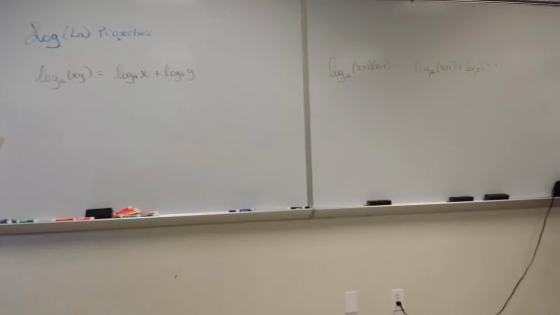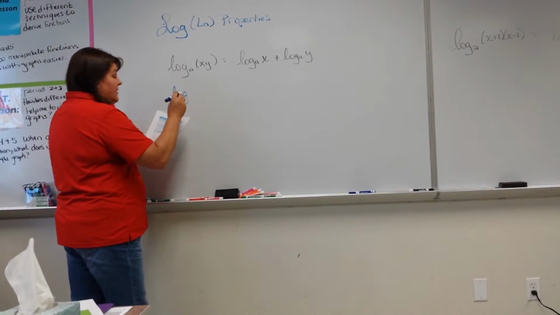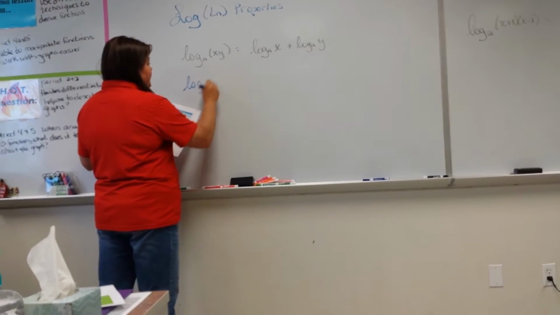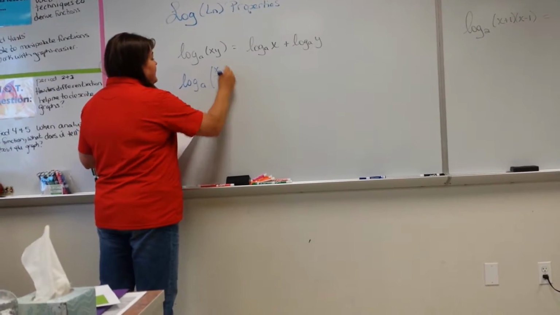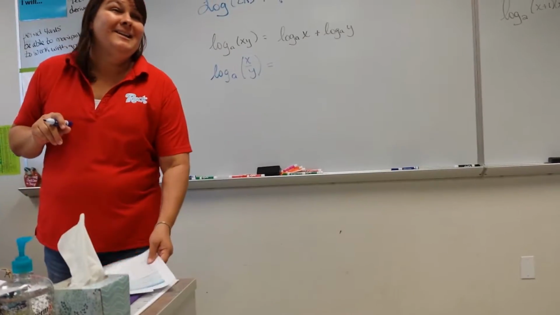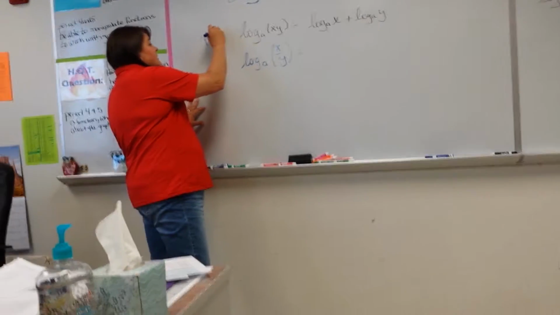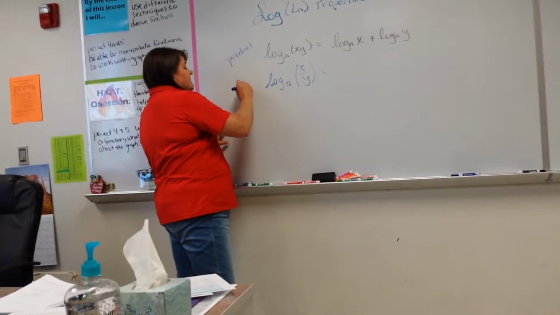We're now going to do something called the quotient rule. Not to be confused with the quotient rule for division. Okay, so these are just log properties. So you said the first one's product? Product, yeah. Quotient is this one.